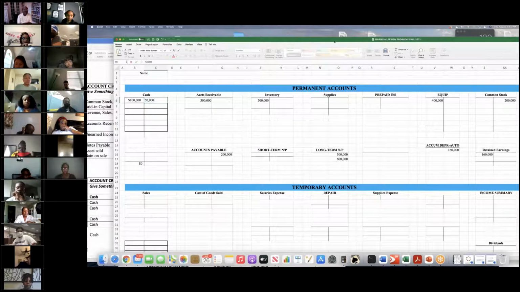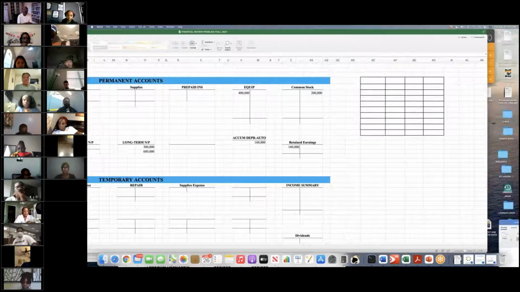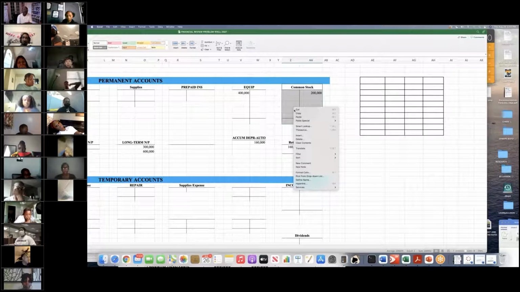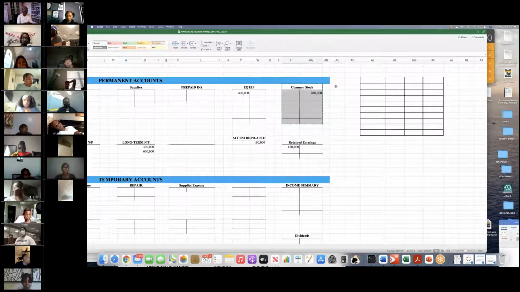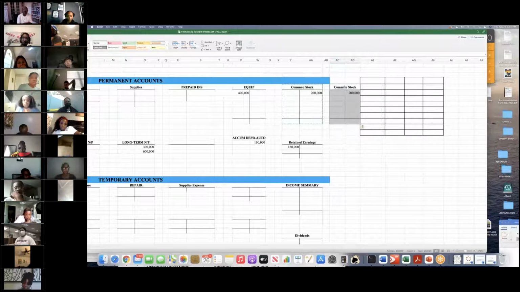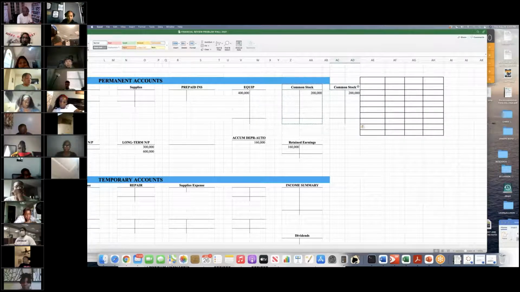Now, when we buy our stock back, we don't want to put it in here because we need to know that we bought stock back. So I'm going to create a new account and call it treasury stock.